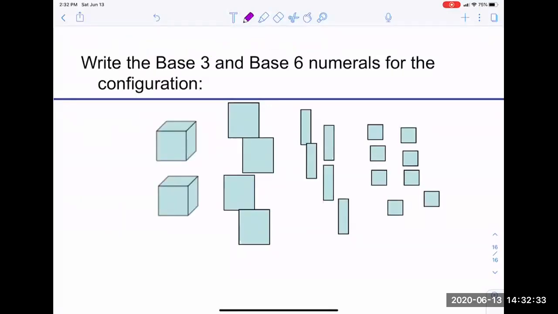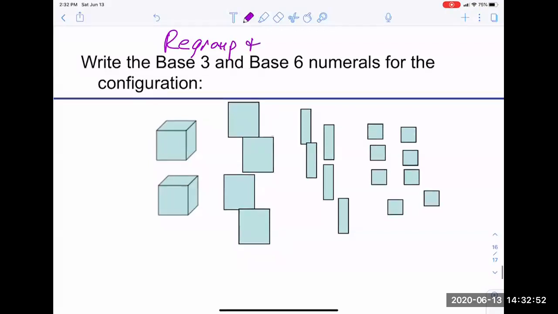Okay, these are some of my favorite problems because it teaches us to regroup. So we do regroup and we do exchange. In this case, I'm going to do regrouping. I'm going to start with base 3.